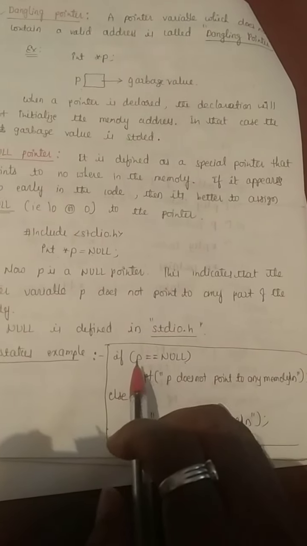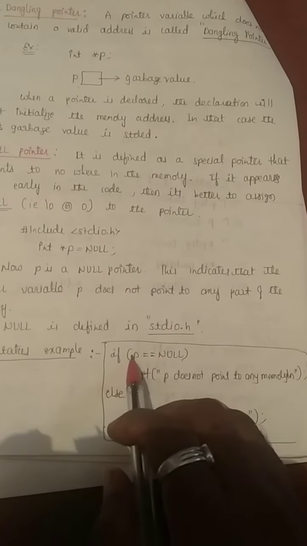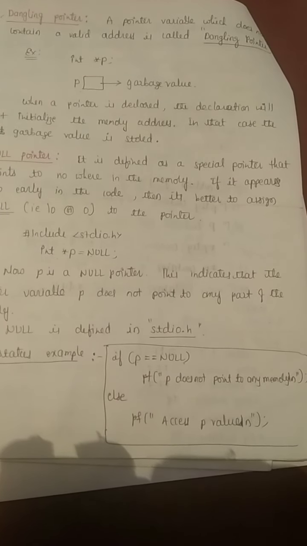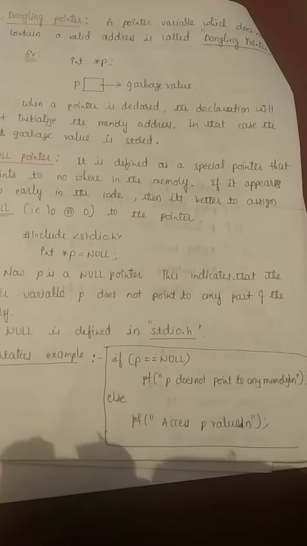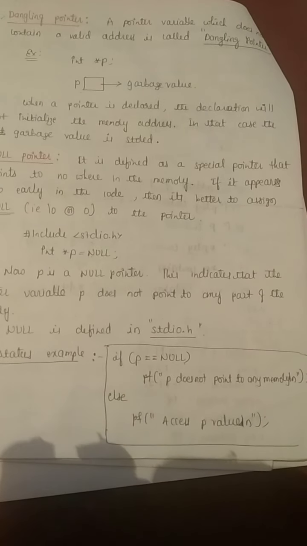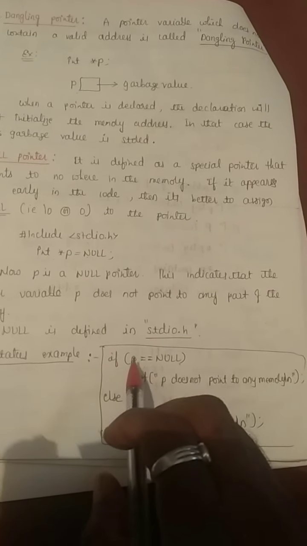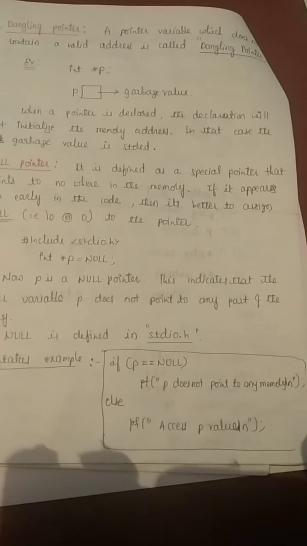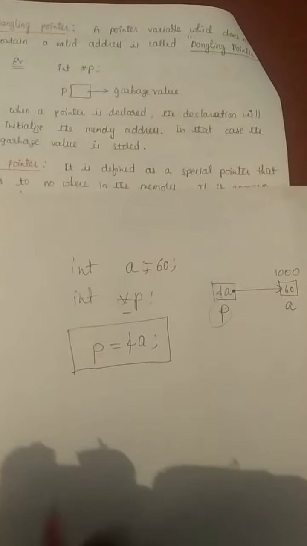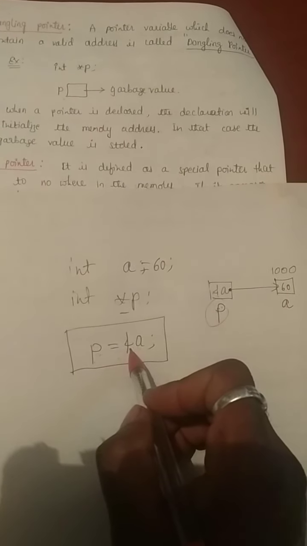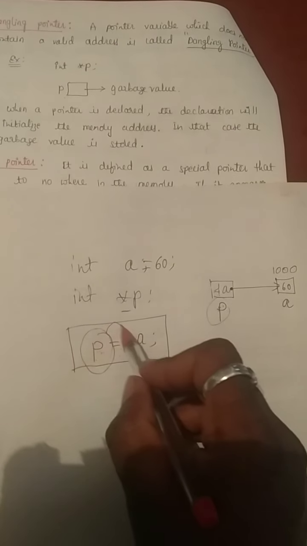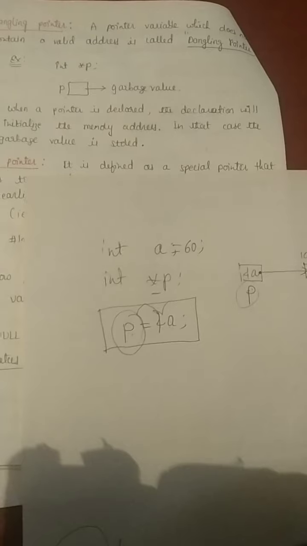Suppose your pointer is not NULL, it means it is pointing to some location. You have some other value like y and you have assigned that to the pointer p. At that time it means your pointer is pointing to some location. You have assigned some value to that pointer, so it is now pointing to a valid address location.